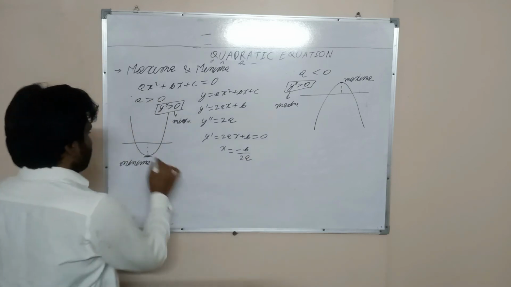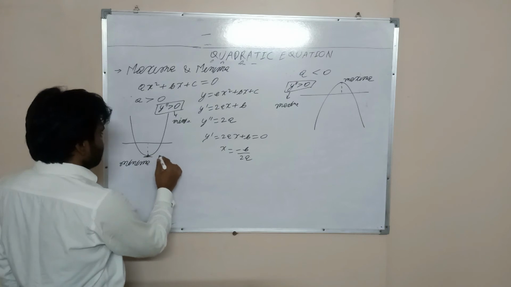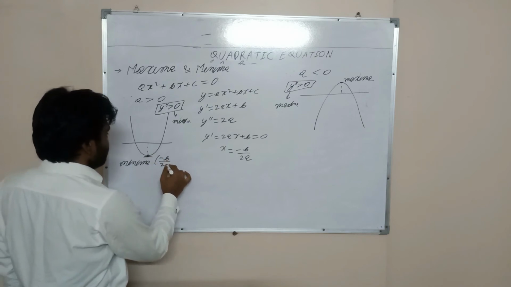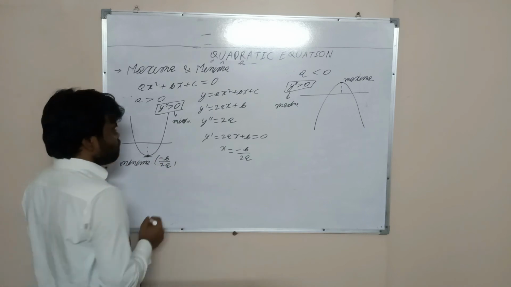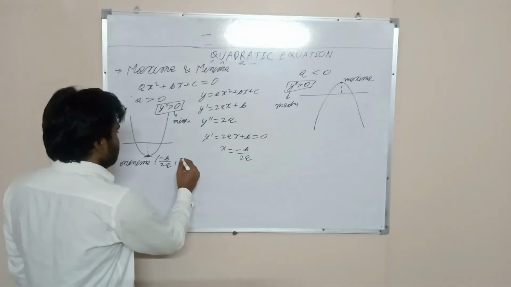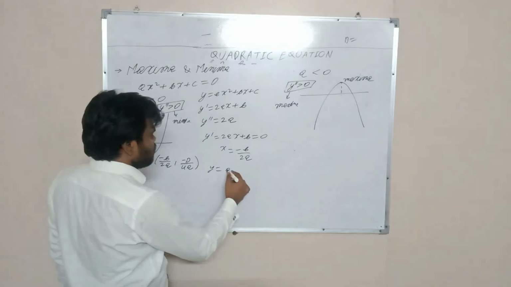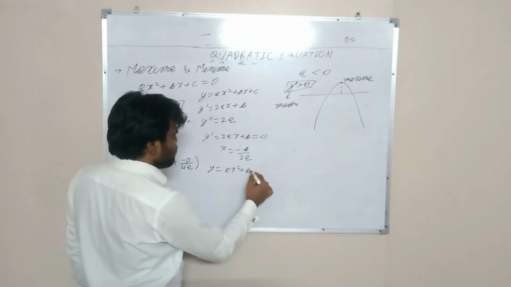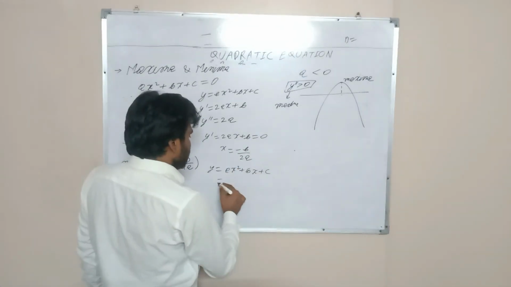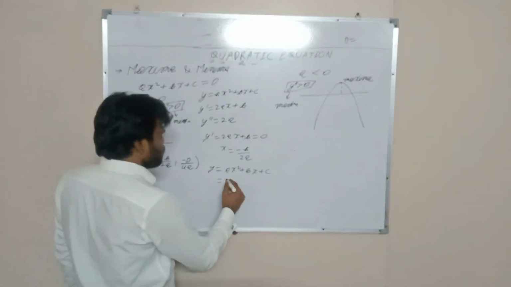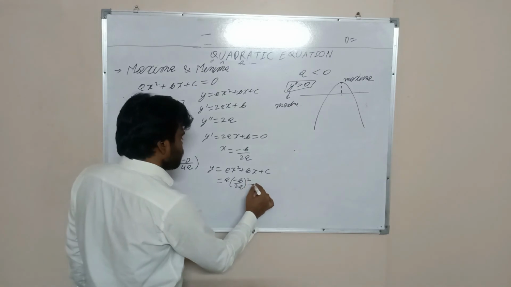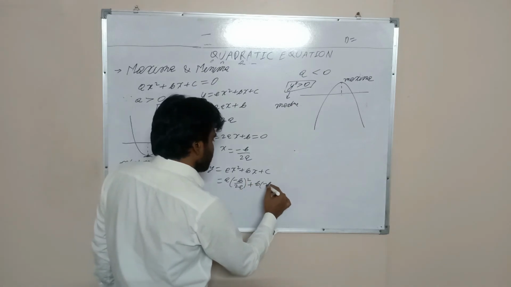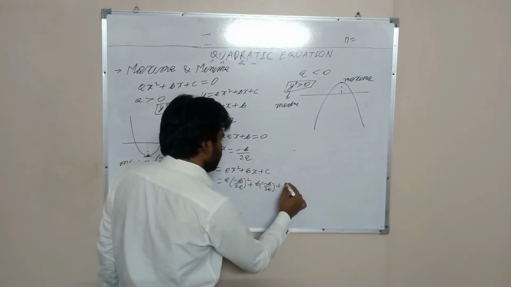So the value of x at this point will be minus b upon 2a, and the corresponding value will be ax square plus bx plus c. The value of x is minus b upon 2a, so we can write a times minus b upon 2a whole square plus b times minus b upon 2a plus c.